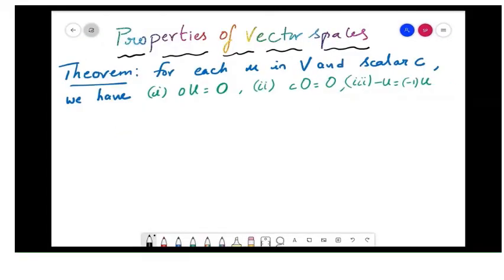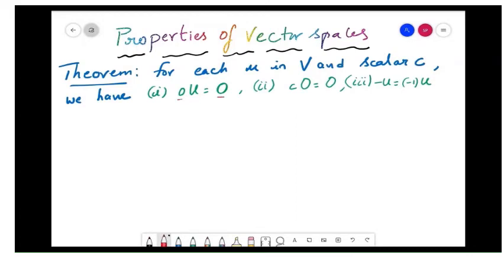We have now properties of vector spaces. Under these properties, we have a small theorem: for each vector u in V and scalar C, number 1, 0 into u is equal to 0. Number 2, C into 0 is equal to 0. And number 3, minus u is equal to minus 1 into u.